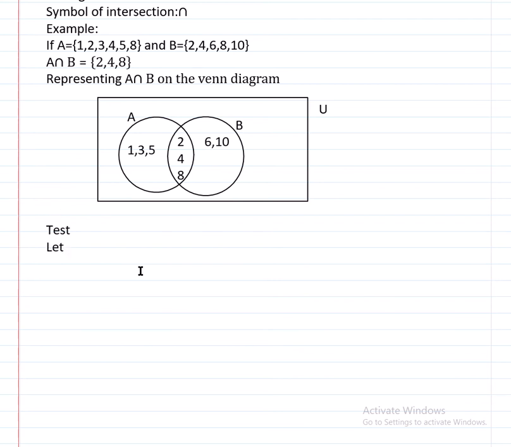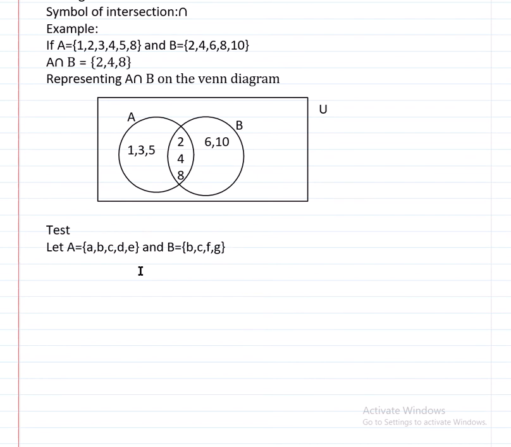We say that set A is A, B, C, D, E, and set B equals B, C, F, G.